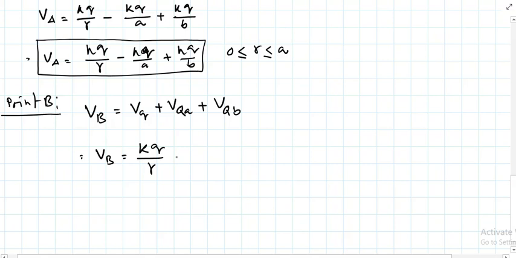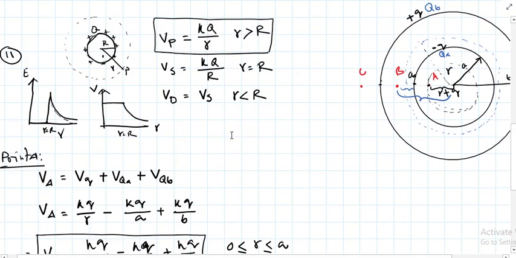The electric potential for the charge at the surface QA, which is negative, is minus kq by r, because r is greater than the radius of that sphere, a. Plus, for this QB, the charge on the QB surface, point B is inside that sphere.